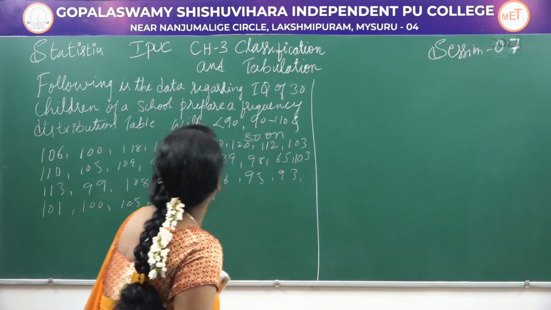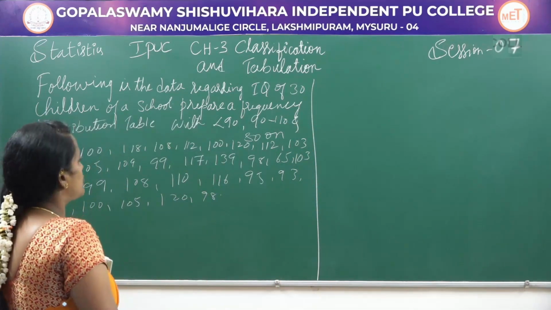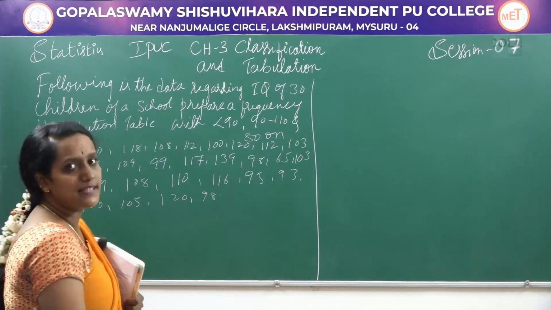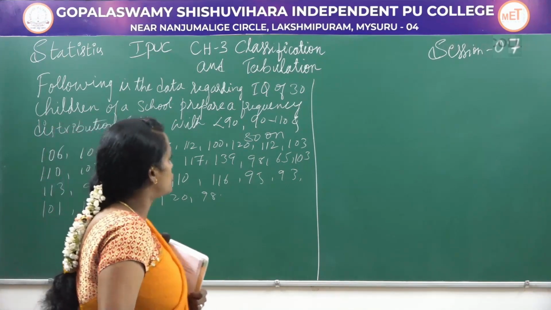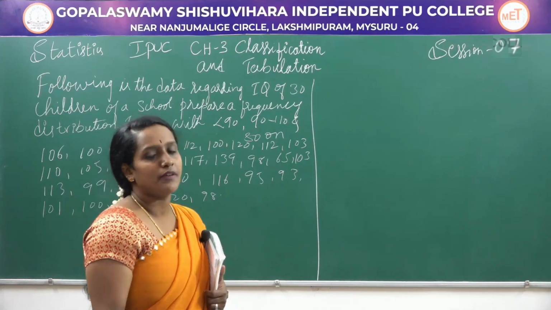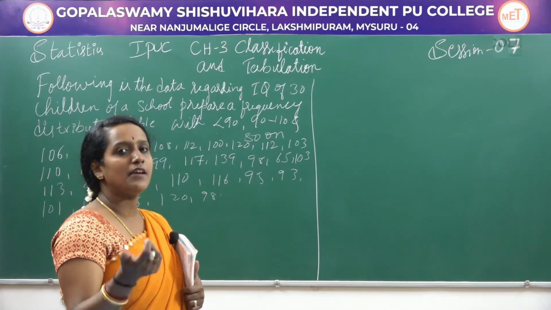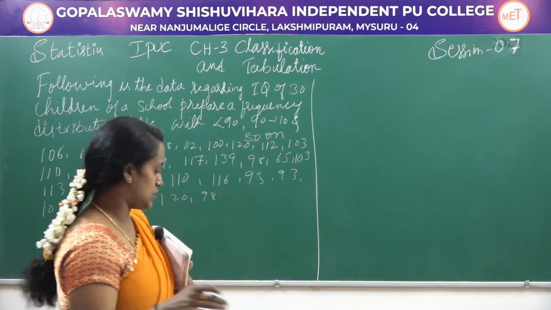For this data we have to prepare the frequency distribution table, and the class intervals are already given, that is less than 90 and 90 to 110 and so on. So we have to see the width of the class intervals first, then write the further class intervals.